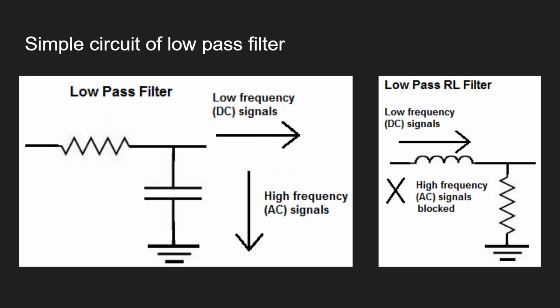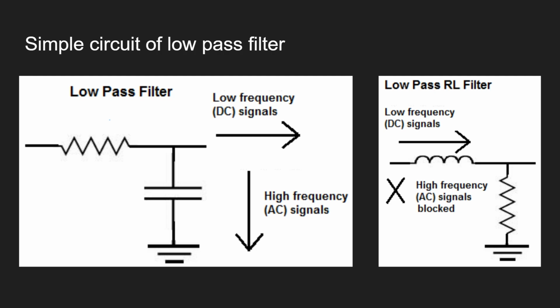That's why we say that it's very suitable to use a capacitor as a low pass filter. Okay, because the high frequency signals will follow this capacitor to the ground, leaving the low frequency signal to the back. Okay, and this is in a reverse way.